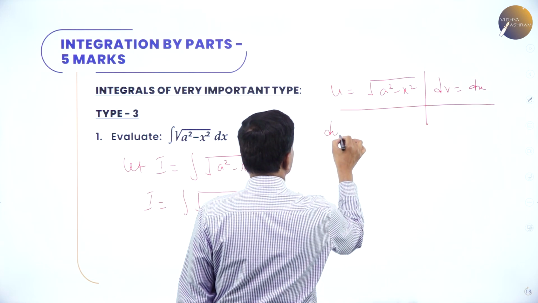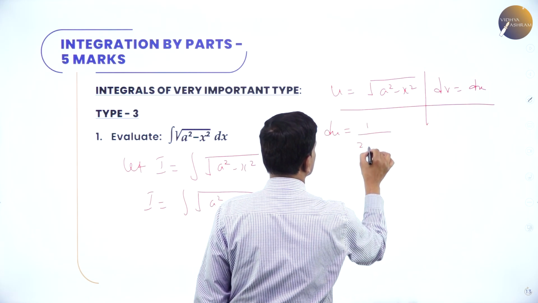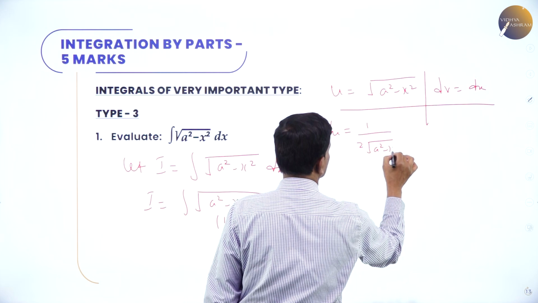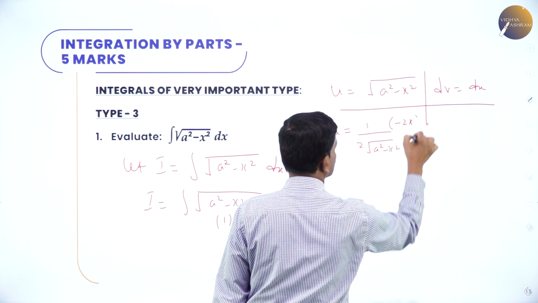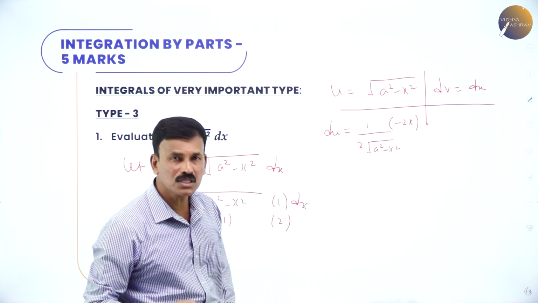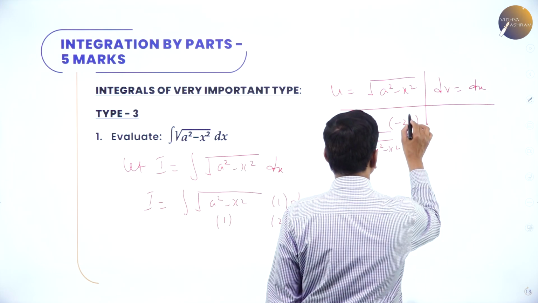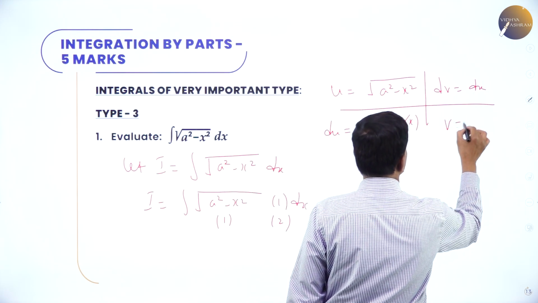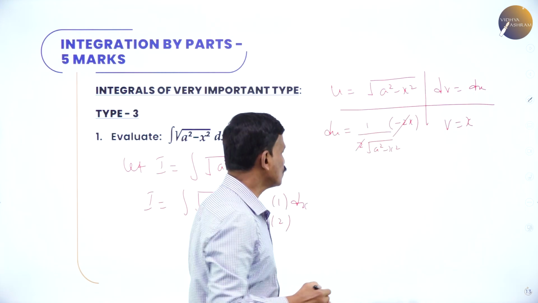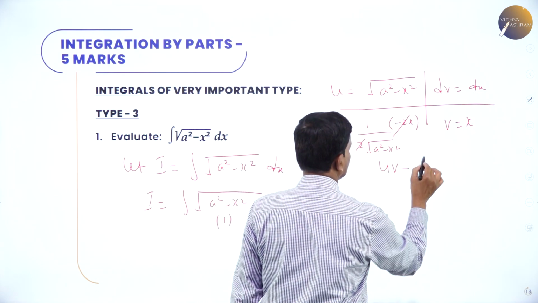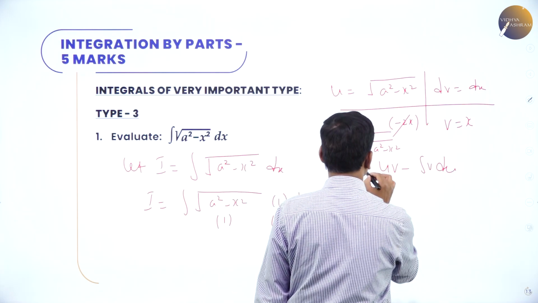Differentiate this. Differentiation of root is 1 over 2 root a square minus x square into differentiation of inside: the constant a gives 0, x square is 2x along with negative sign. This 2 and 2 get cancelled. Integration of dx is x. What is the formula? uv minus integral v into du.